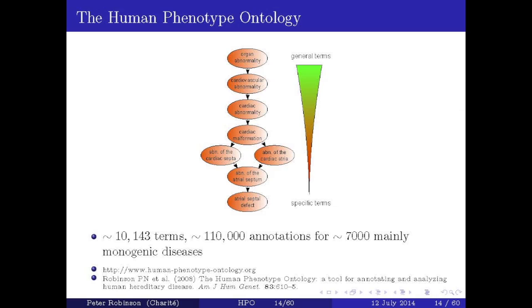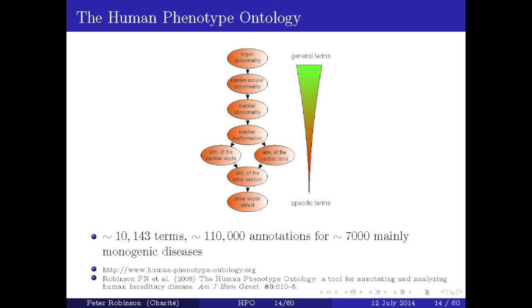So atrial septal defect is a particular phenotypic abnormality, but it's also a subclass of abnormality of the atrial septum, which in turn is a subclass of abnormality of the cardiac atria, which is a subclass of cardiac malformation, and so on.